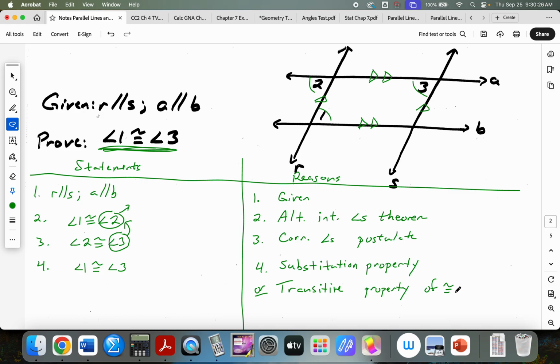And what the transitive property says is that if angle A is congruent to angle B and angle B is congruent to angle C, then I know that angle A is congruent to angle C. It's like you make a chain of things that are congruent, and whatever is at the beginning and whatever is at the end are congruent to each other.